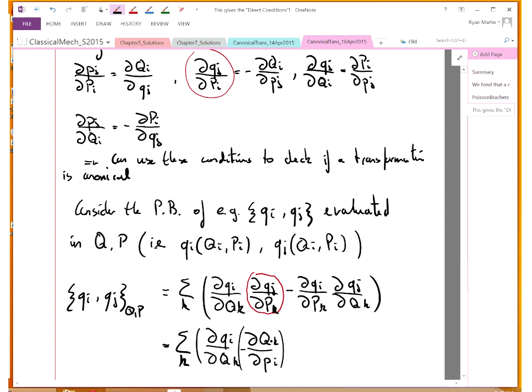It goes from j on top and i on the bottom to i on top and j on the bottom. So that means I have to have Qk on the top and i on the bottom. Whoops, no, that's wrong. I was looking at the wrong one. I have to look at what I've circled here in red. So I have to bring the k to the top, and I have to bring the j to the bottom.